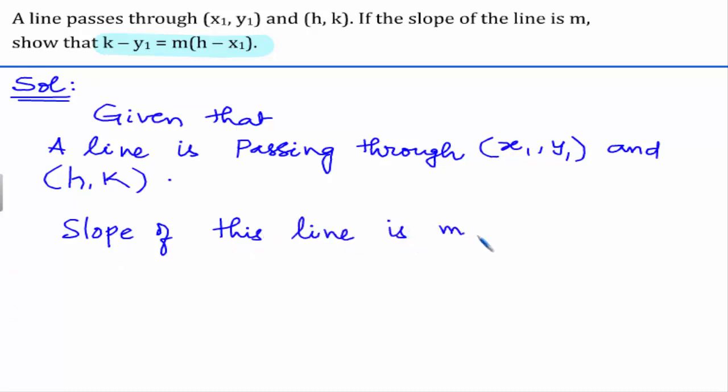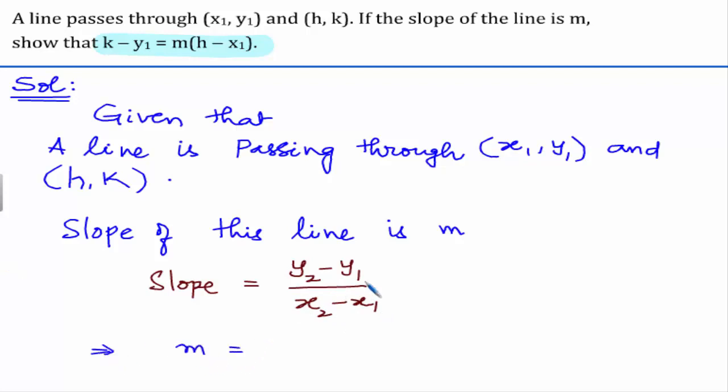m. We know the formula for slope, which is y2 minus y1 by x2 minus x1. Now using the slope formula, slope is m, y2 minus y1, that is k minus y1, by x2 minus x1, that is h minus x1.